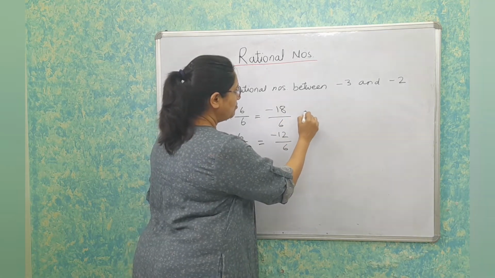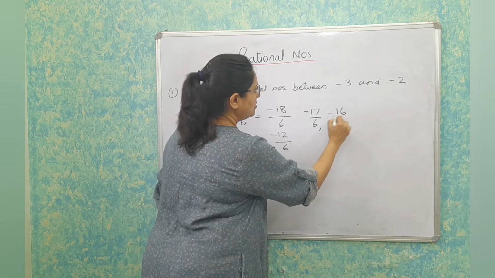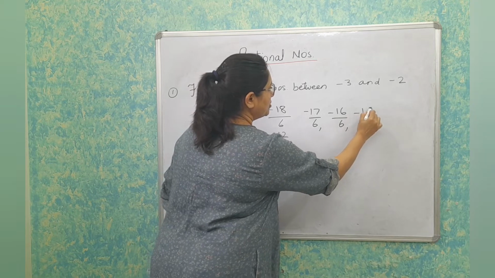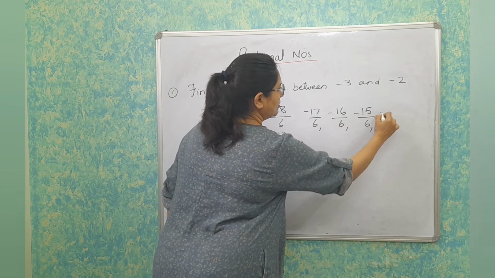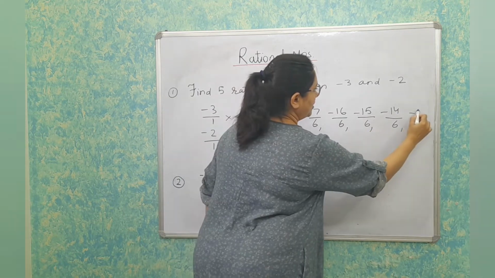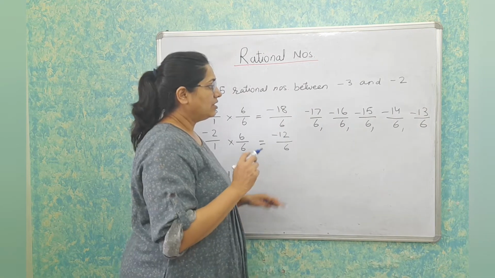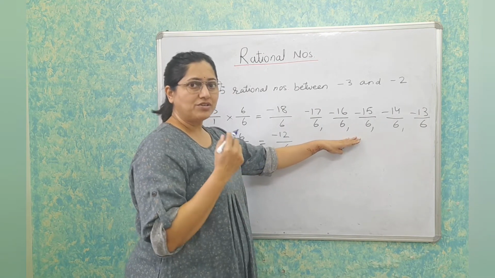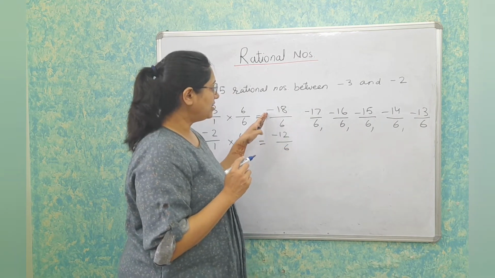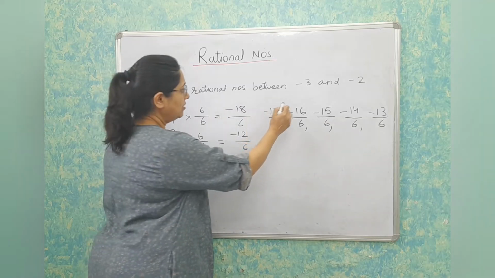So the next would be -17 upon 6, -16 upon 6, -15 upon 6, -14 upon 6, -13 upon 6. See, these are the rational numbers which lie between -18 upon 6 and -12 upon 6. So these are the answers.